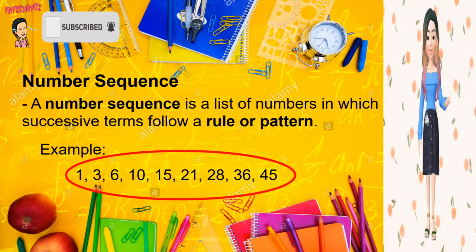Ang 1, 3, 6, 10, 15, 21, 28, 36, 45, ang tawag sa mga bilang na yan ay terms.